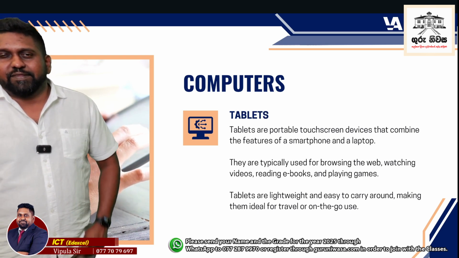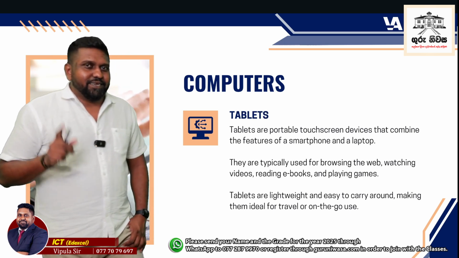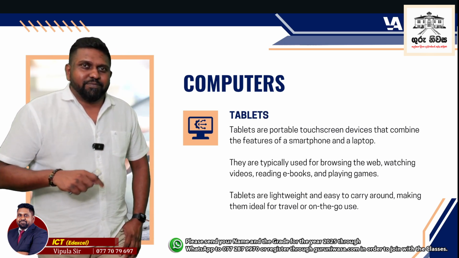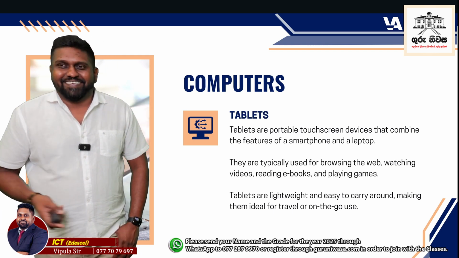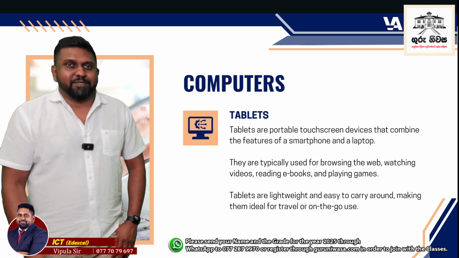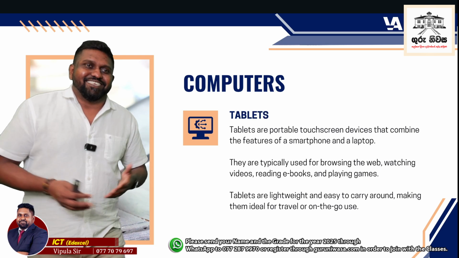So don't mix this up. It's not a desktop PC, it's a smartphone hybrid with a laptop, without the keyboard, you just have the screen. Okay, but nowadays we get laptops with touch screens as well. So now things have changed, right?